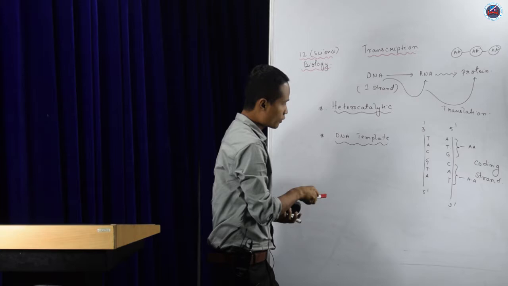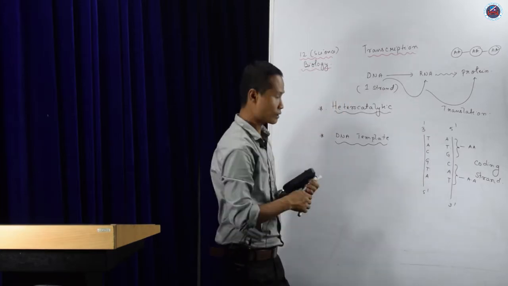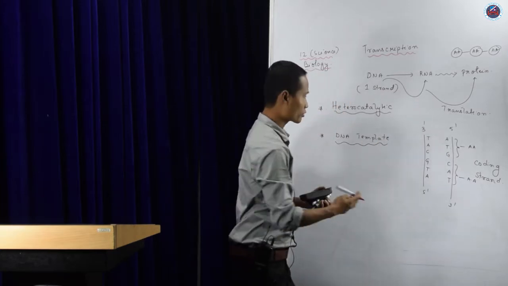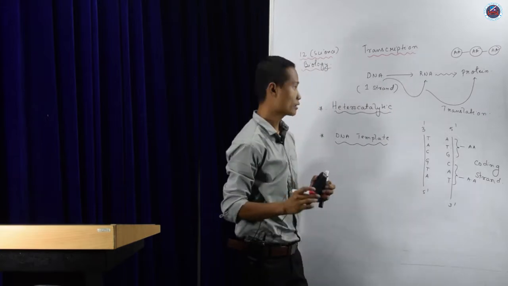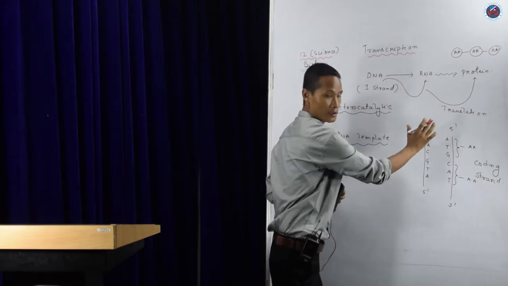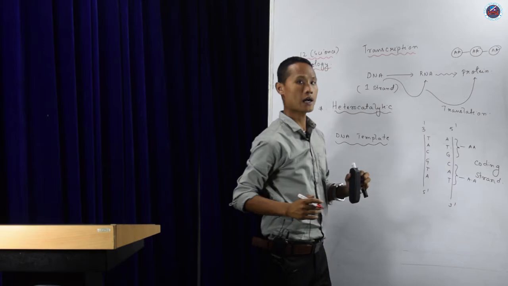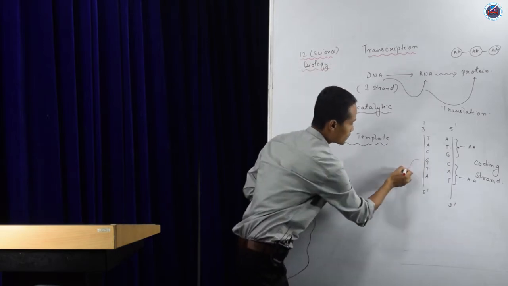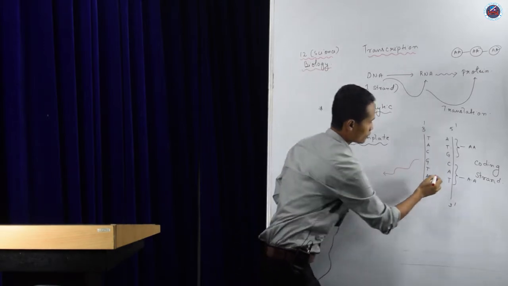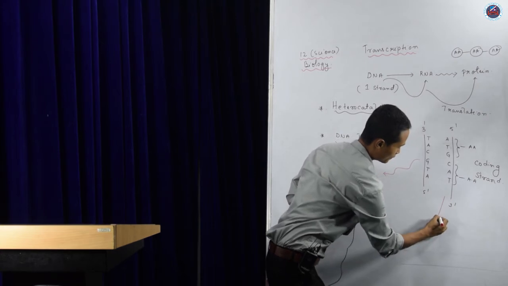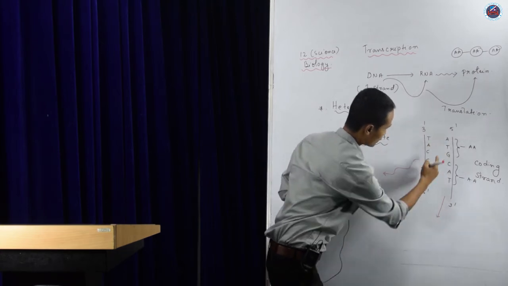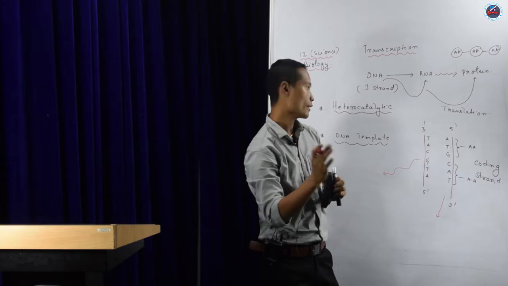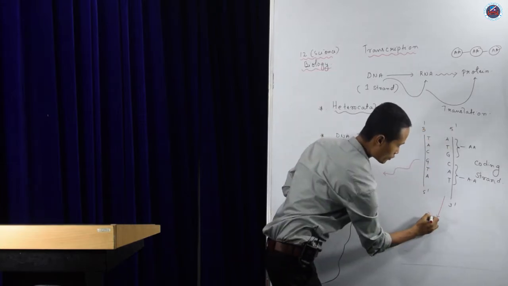Now, just assume that this strand is going to give RNA. This is your DNA strand that is going to give RNA. So for this strand, I am making here: A will be, for RNA, A changed to U, uracil.